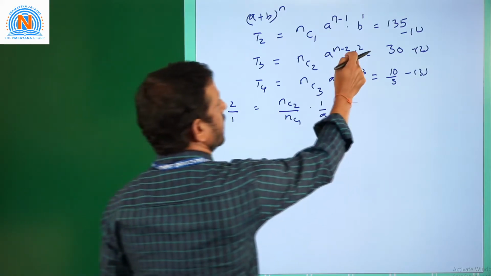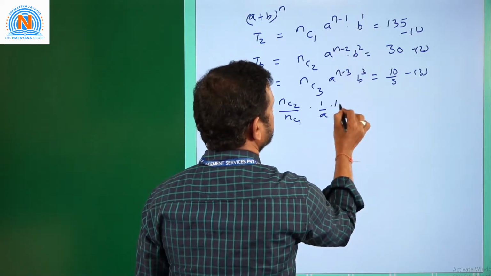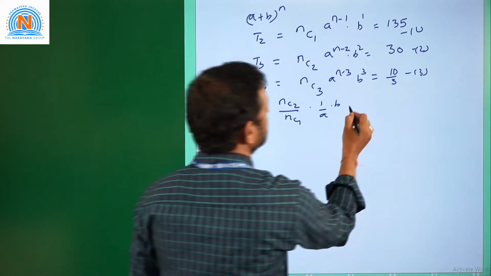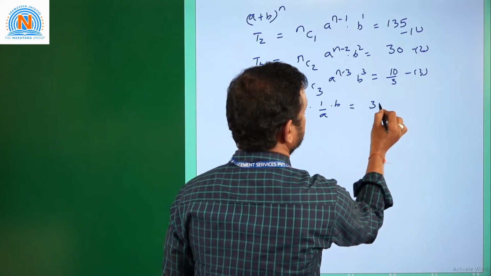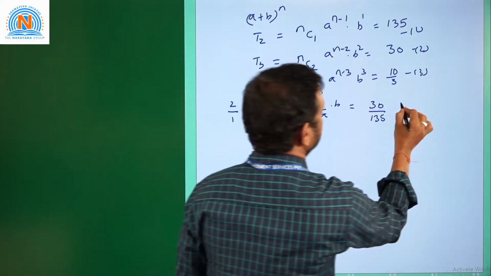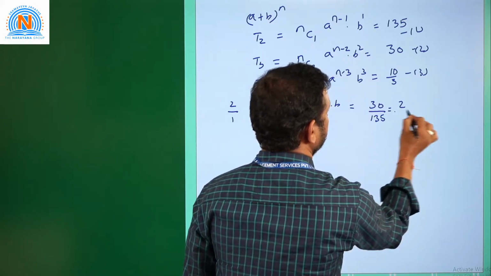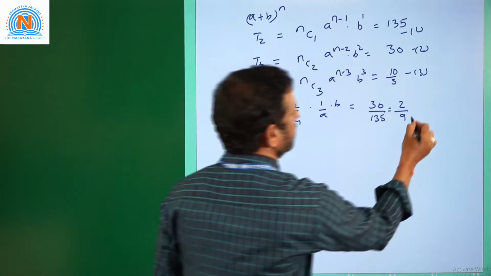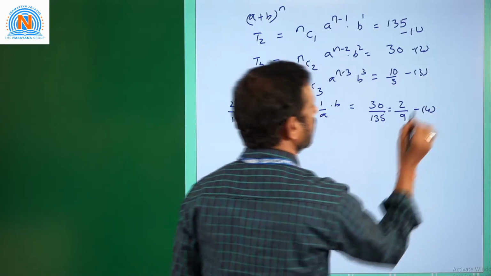Next, b square by b, which is nothing but b. This value is equal to 30 by 135, which is nothing but 2 by 9, since 15 twos are 30 and 15 nines are 135. Let us take this as equation 4.